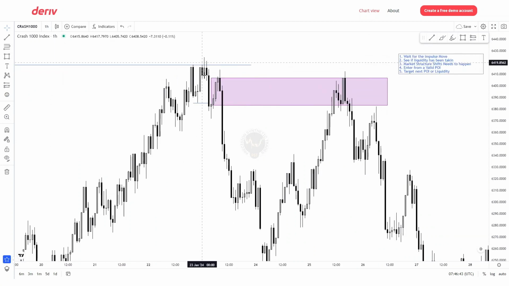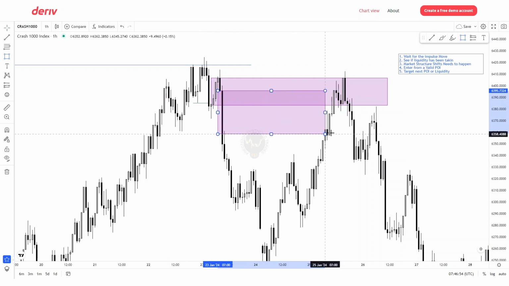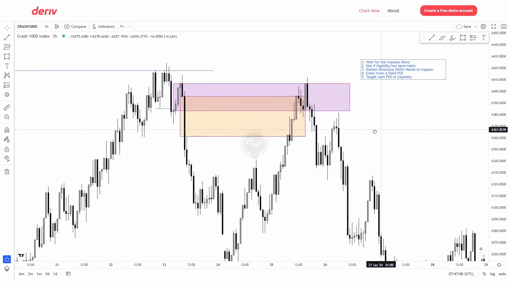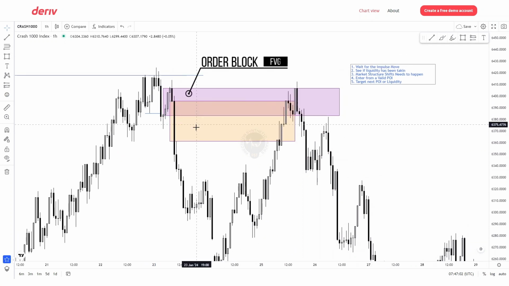Price took liquidity, came down, we're waiting for retracement. So this is going to be all on your risk management, depends on how you want to trade, but you see there's a fair value gap there as well. Let's just change the color. So we have a fair value gap, we have an order block.